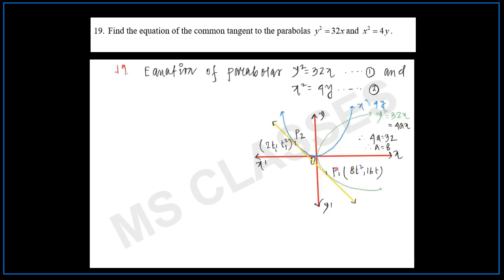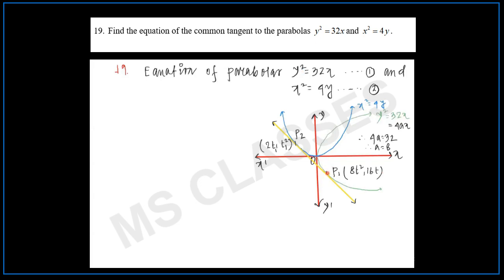Now if we take a tangent at these points of contact, they must be the same tangent if there is a common tangent. Then we can compare the two tangent equations and get the corresponding result. To get the equation of tangent at the point of contact, we have to differentiate the curve, because the slope of the curve at this point is the slope of the tangent.